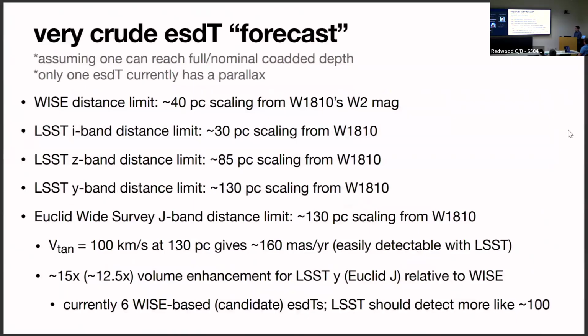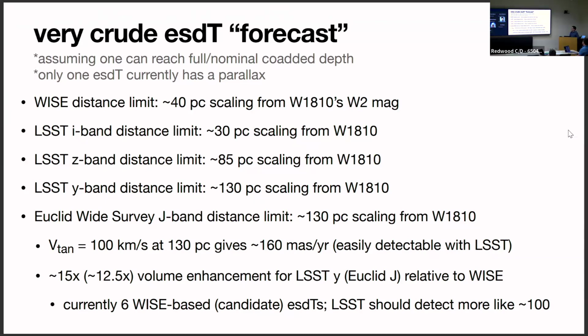So even though we only have very limited information about this population, we can still make some predictions for what LSST will see. One challenge there is that only one of these halo T dwarfs that we know about actually has a parallax right now, actually has a distance known, so that makes it a little bit challenging. But we think that basically with Ys, we're able to go out to about 40 parsecs. But with LSST Y-band, we should be able to detect them out to about 130 parsecs.